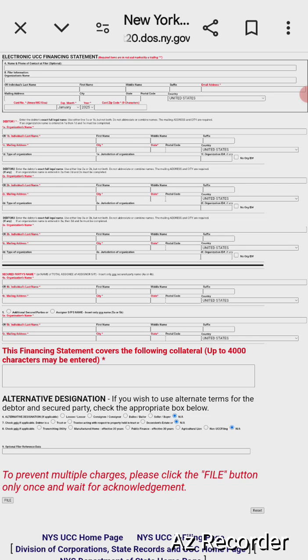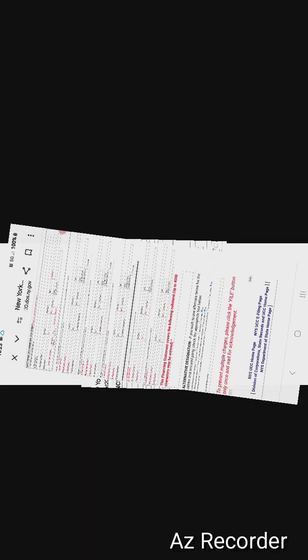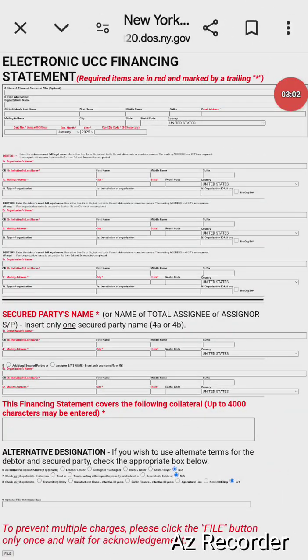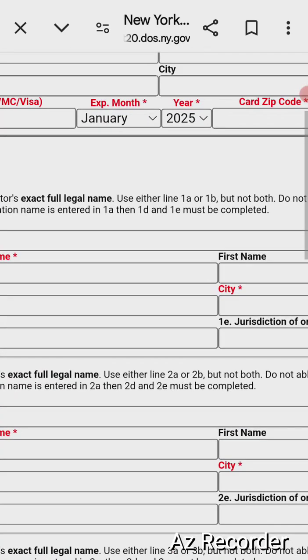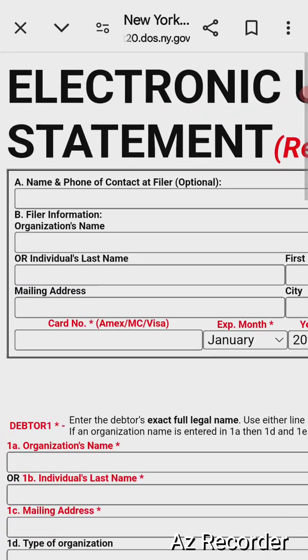Okay, so on this application, and it's a question that's constantly asked by many individuals, on the top part, let's expand this a bit. It says name and phone number of contact at filer. People ask, do I do the all caps? How do I write it?